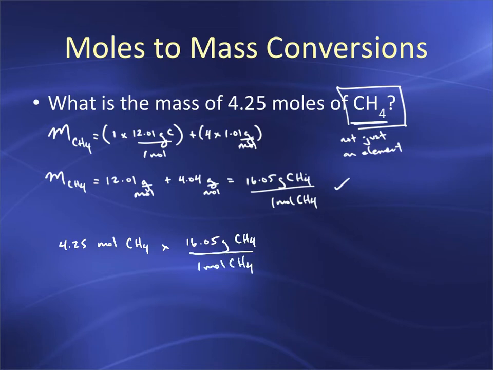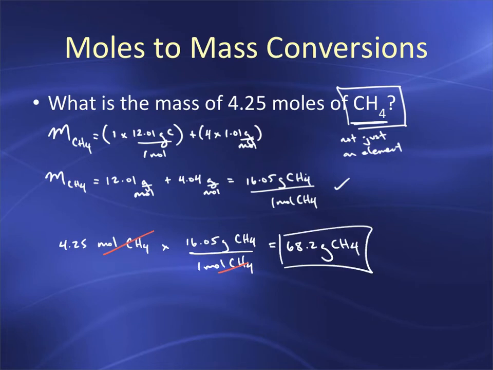And notice my units are going to cancel. My answer here should have three significant figures because of the 4.25. And this comes out 68.2 grams of CH4, which would be your answer here.